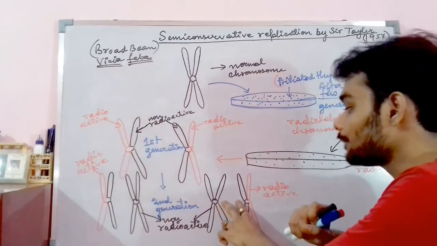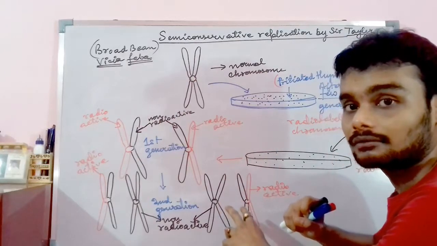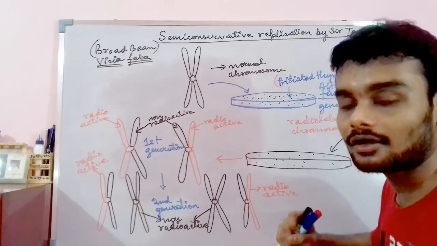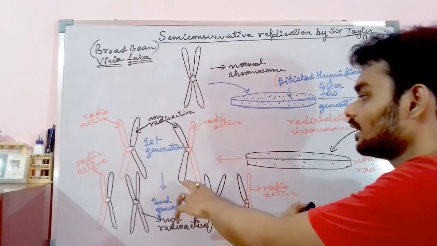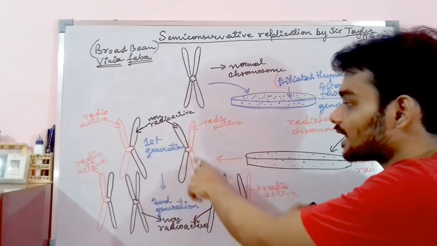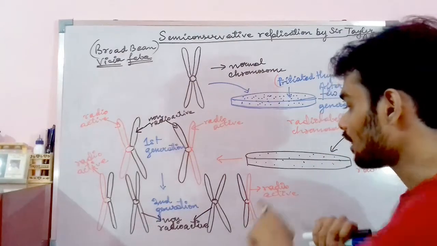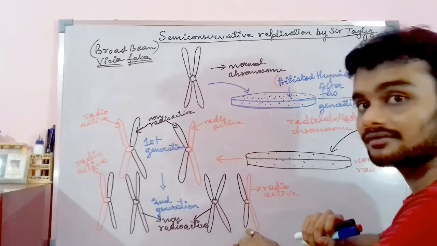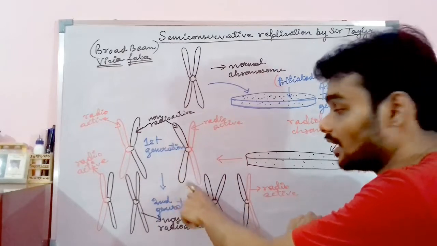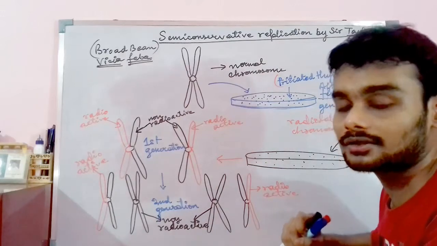Now, in the 2 new different daughter cells that have been formed from this parent cell, or mother cell, what will happen? Along with this parent radioactive chromosome, there will be a non-radioactive arm of the chromosome. This is the non-radioactive arm, and along with it, there would be another non-radioactive arm of the chromosome in another daughter cell.